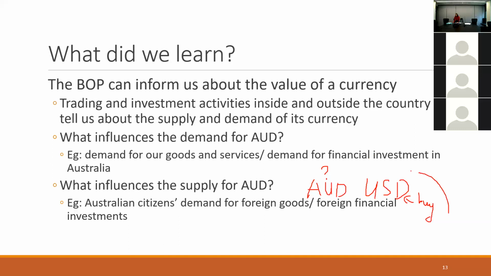So when we buy something, we increase the demand for that thing, right? So in this case, when we buy the USD, we are increasing the demand for the USD, not the Australian dollars. Okay. Some other idea?